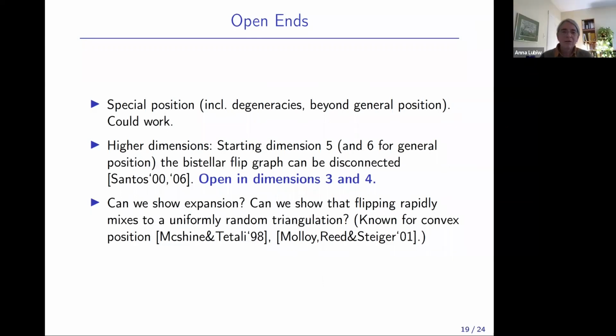And I have one other question, which has to do with mixing. The case of points in a regular grid is of interest to the physicists, but I don't think they're considering the bistellar flips. Do you know anything about that in your case? I don't know anything about it, except that I was thinking about it. Actually, with Jirka Matuszek many years ago, we were thinking about it.